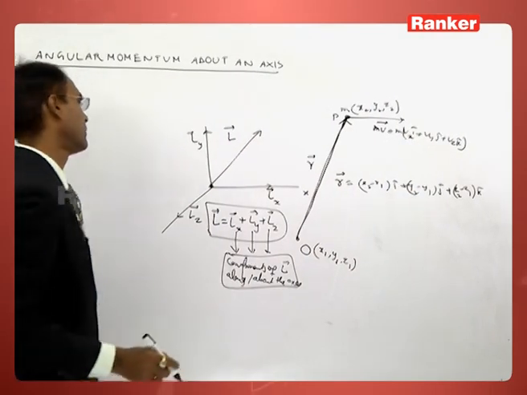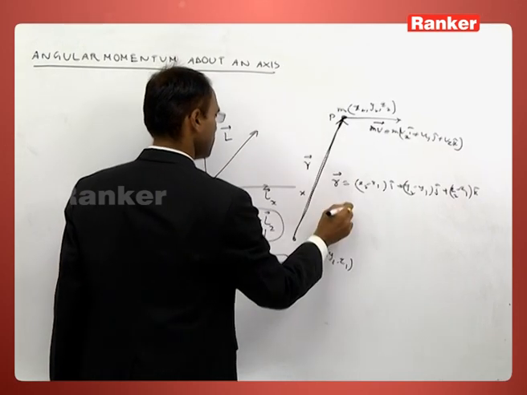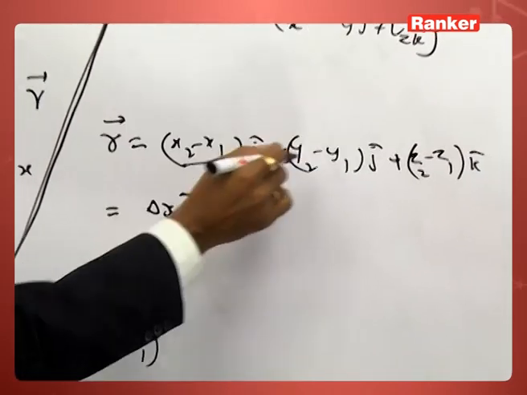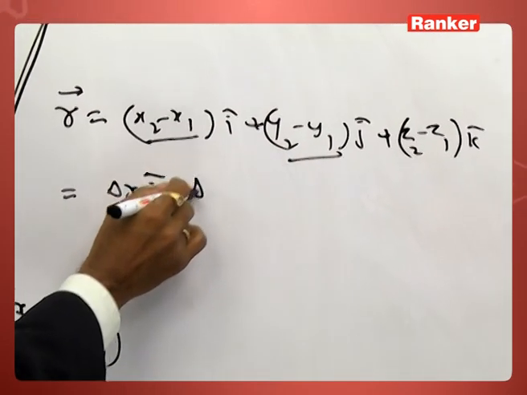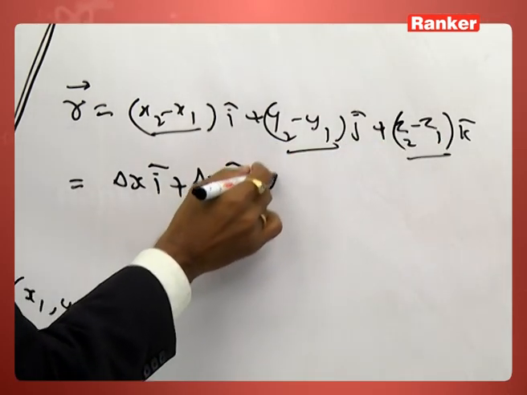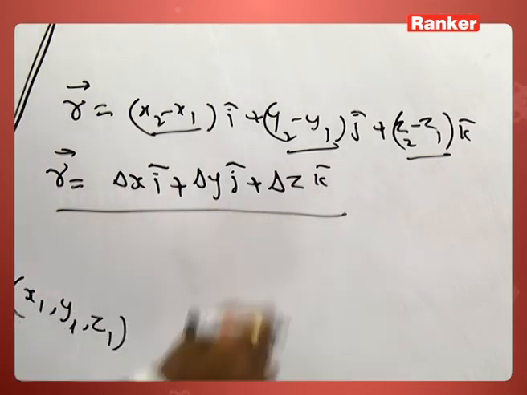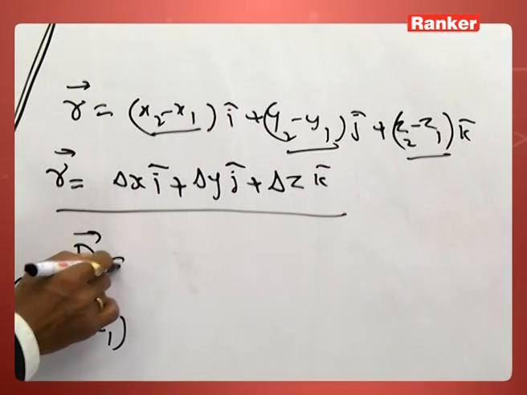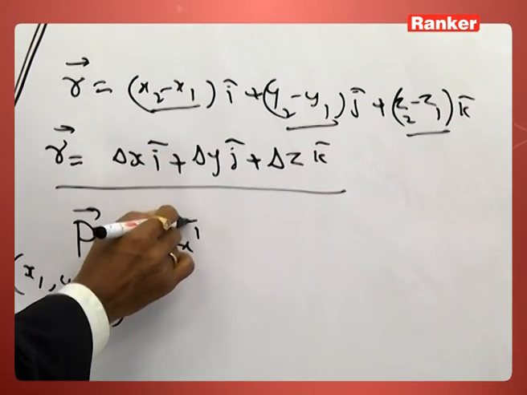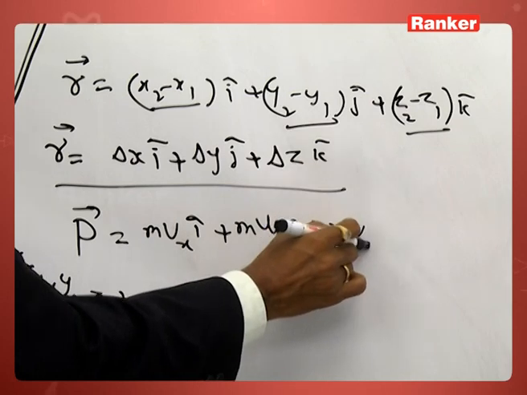Just like the expression for the torque, what you did in the last section, you can write x2 minus x1 as del x, y2 minus y1 as del y, z2 minus z1 as del z. And the linear momentum is mvx i cap plus mvy j cap plus mvz k cap.